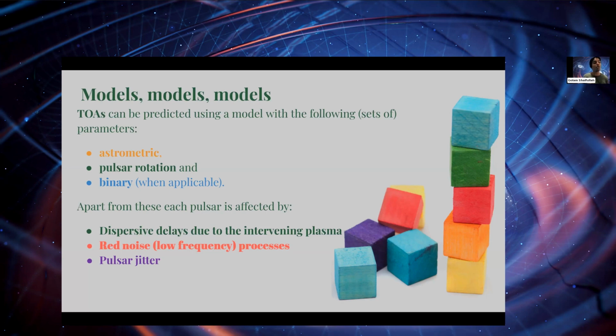So what is often more difficult is modeling the dispersive delays that the radio waves from the pulsar suffer as they travel through the ionized interstellar medium down to Earth. Any low frequency processes, that's where most of us are interested.